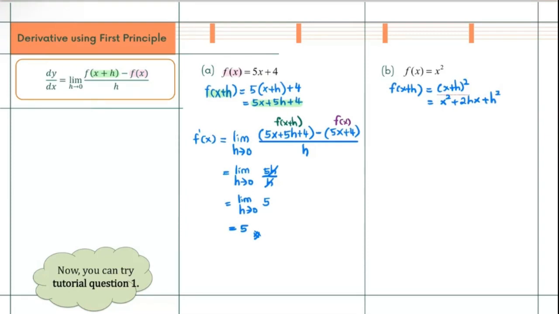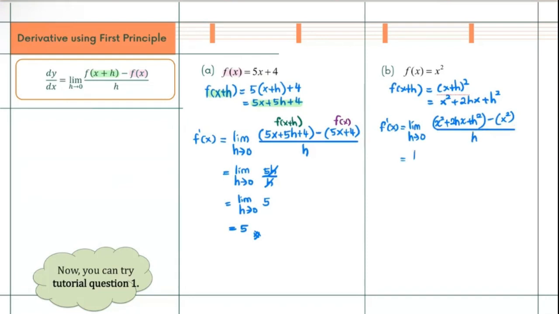Kemudian kita akan gantikan dalam formula f prime x, where it should be limit as h approaching 0 of x plus h. So x plus h kita adalah x squared plus 2hx plus h squared. Now kita akan minuskan dengan fx. Fx kita adalah x squared divided by h.